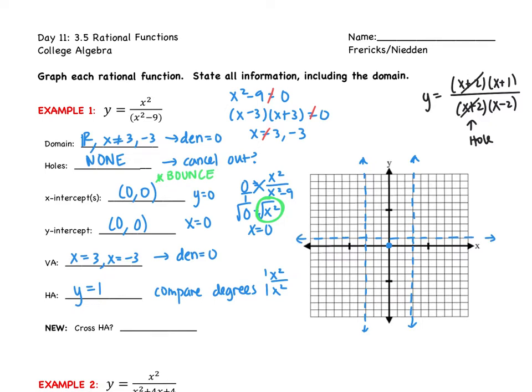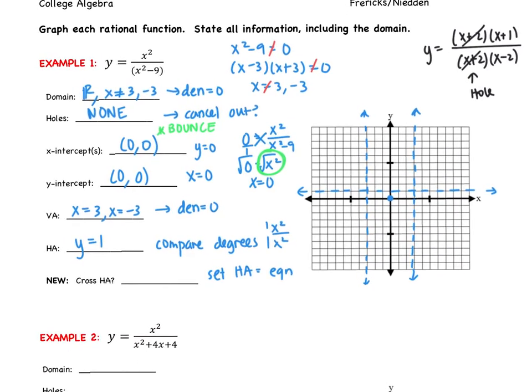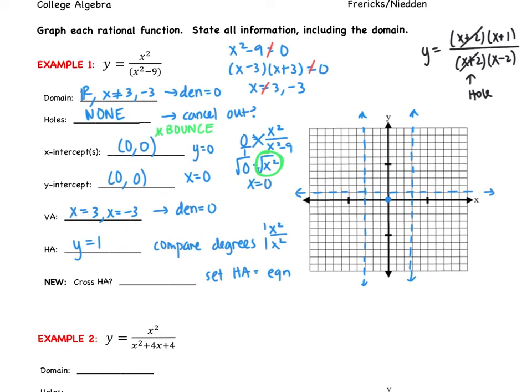And then the last one, it says new. This is not actually new to us, though. We want to know, does our graph cross the horizontal asymptote? So in this case, you are going to set the horizontal asymptote equal to your equation. So my horizontal asymptote is 1. My equation is x squared over x squared minus 9. If we put this over 1, we can cross multiply.